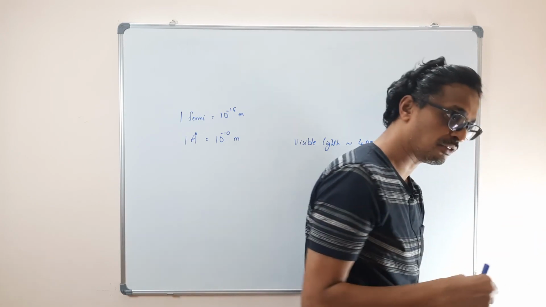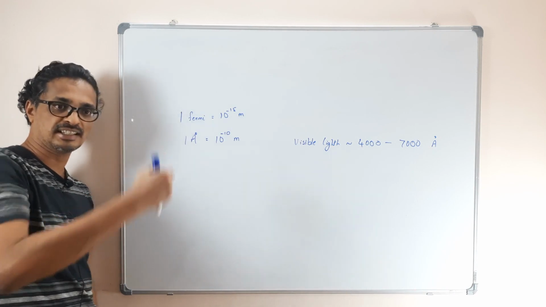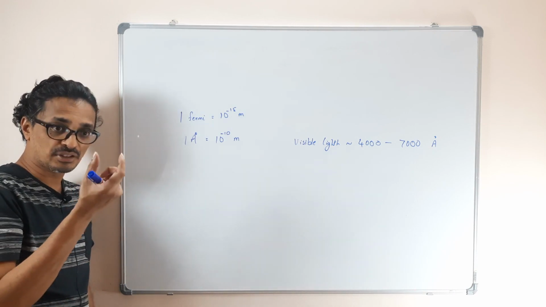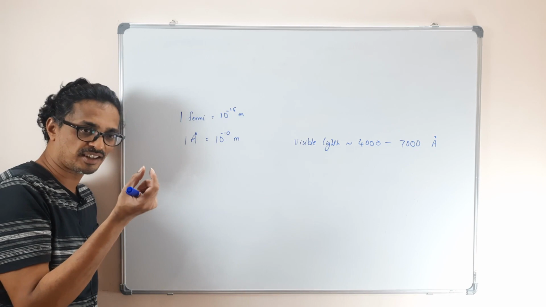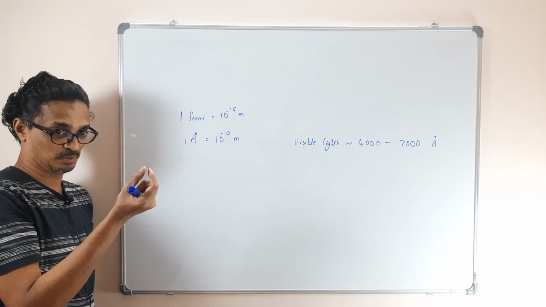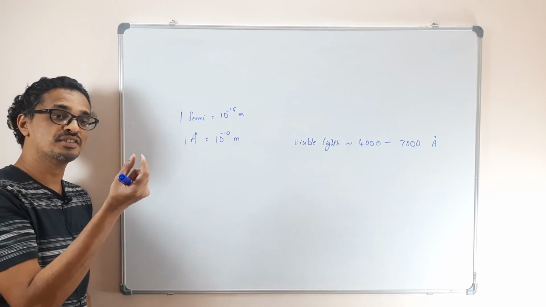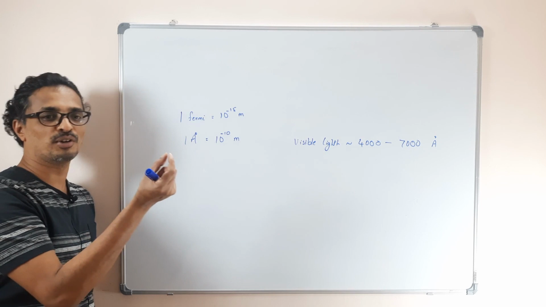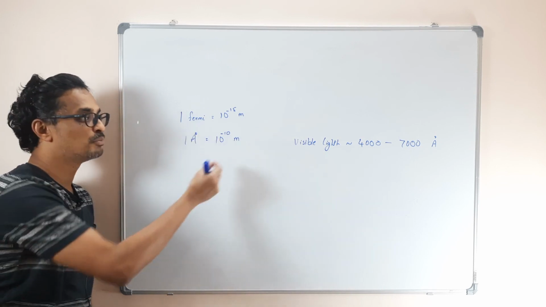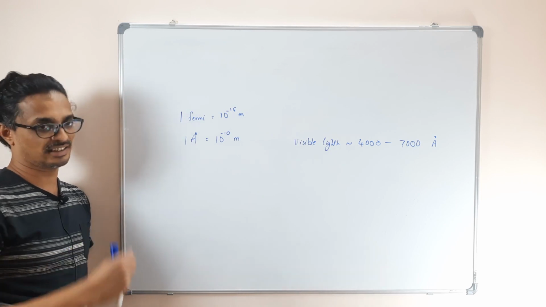When you accelerate an electron and increase its energy, its associated wavelength becomes smaller and smaller. That was the principle used in the electron microscope. You have a very high energy electron, so its wavelength becomes very small. Then you can see much smaller things than you can through visible light or X-rays.